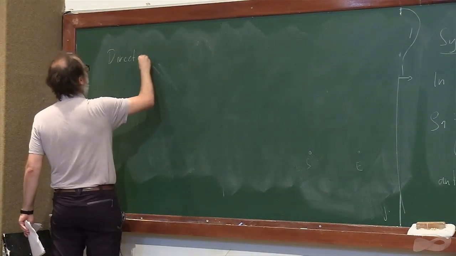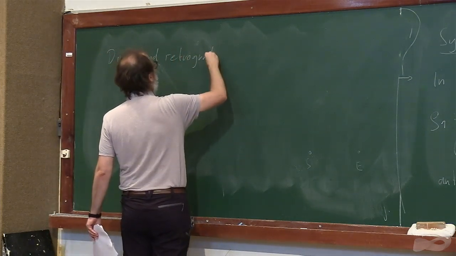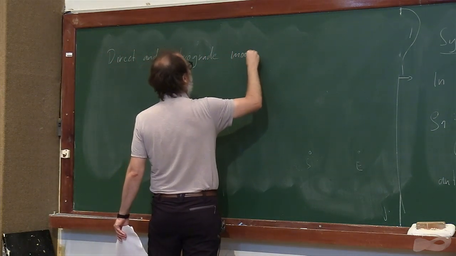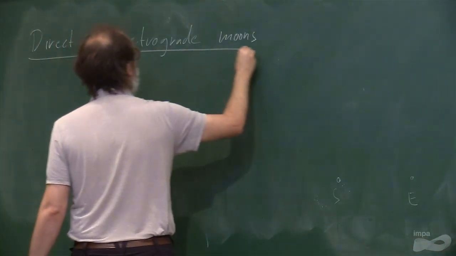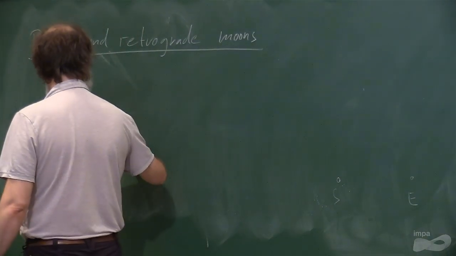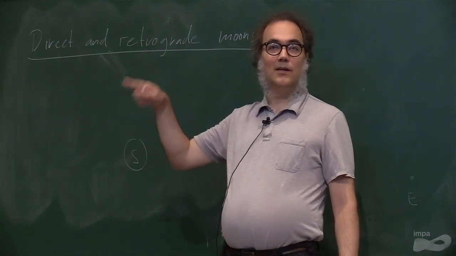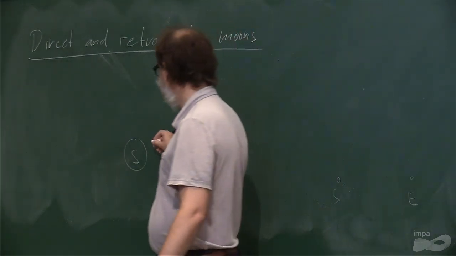Direct and retrograde moons. So we have the sun here. And the sun rotates. So this rotates.